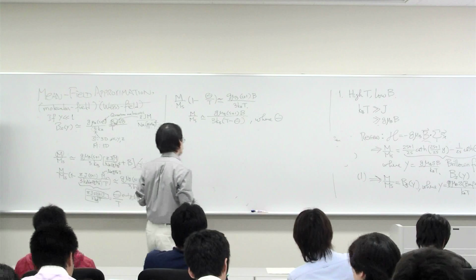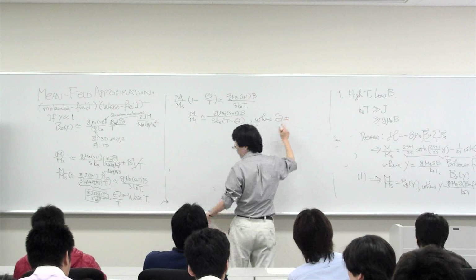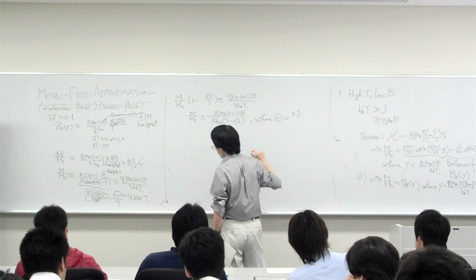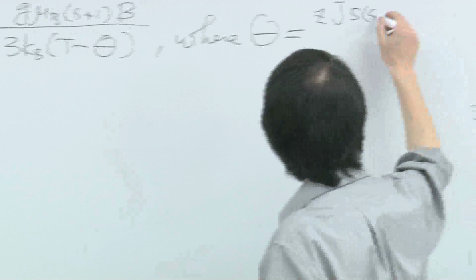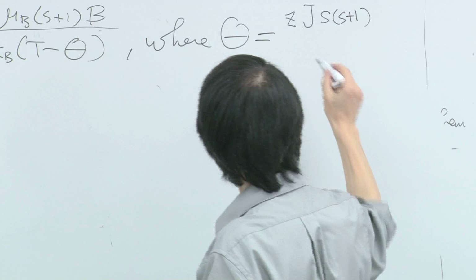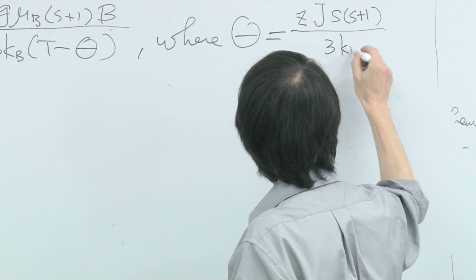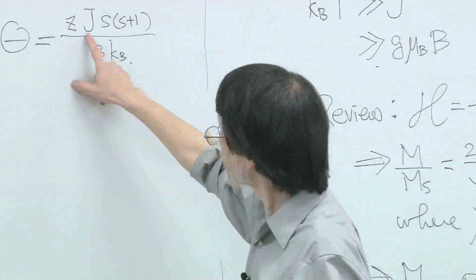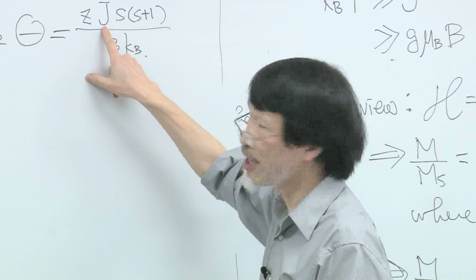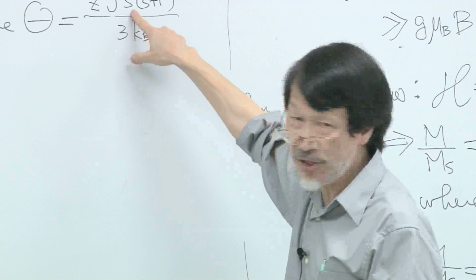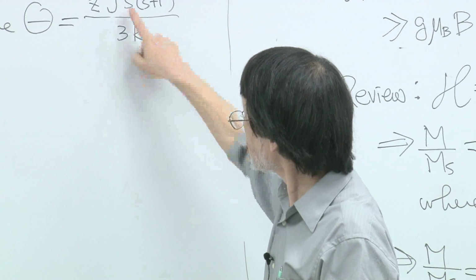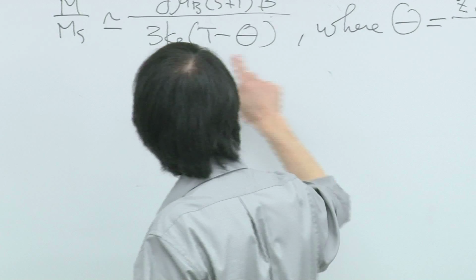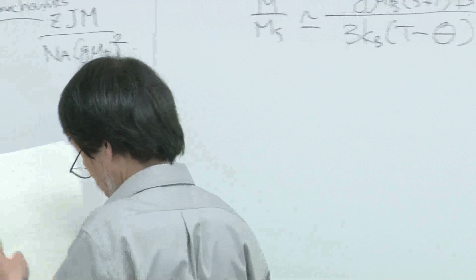Looks okay, where theta is defined that way: the number of nearest neighbors, the interaction between magnetic dipole moments, times S plus 1 divided by 3kB. All right? This makes sense, right? Because J is the dimension of energy. This is a spin quantum number. So energy divided by kB has the dimension of temperature, right? So theta can be right next to the actual temperature.